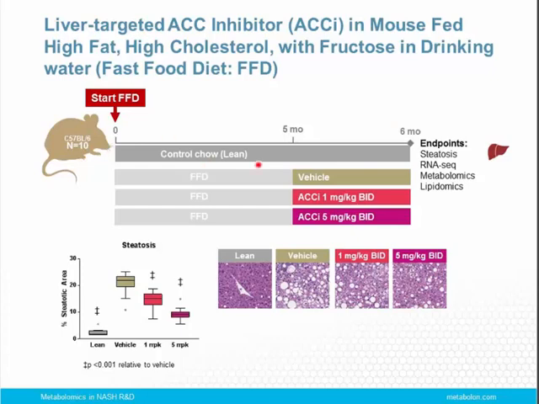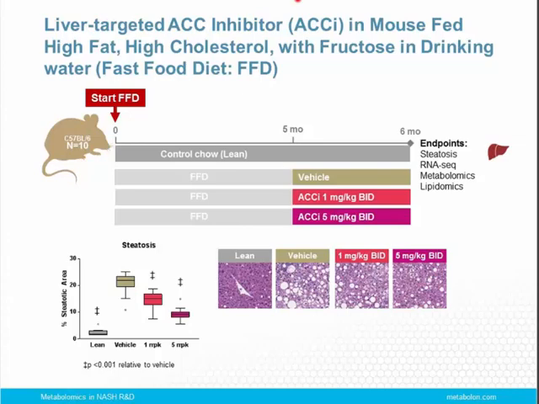We also include a control group that is age matched but fed a normal chow diet, and we're calling those the lean animals. And after a month of dosing, you can see that relative to the lean animals, the vehicle animals have significant steatosis, which is reduced with the partial target coverage and full target coverage of acetyl-CoA carboxylase inhibitor, and that's quantified on the left here as a % steatotic area.